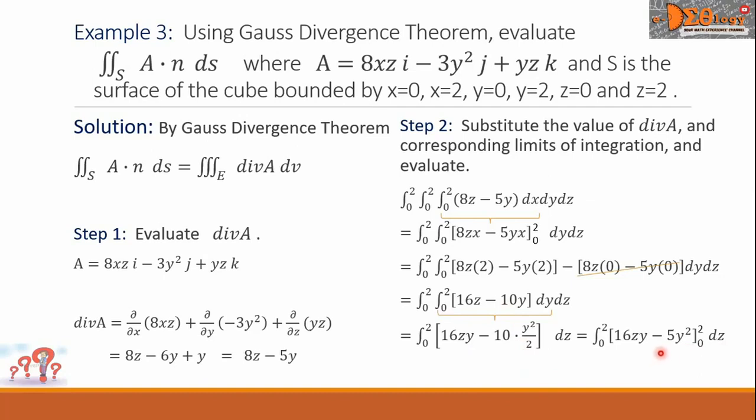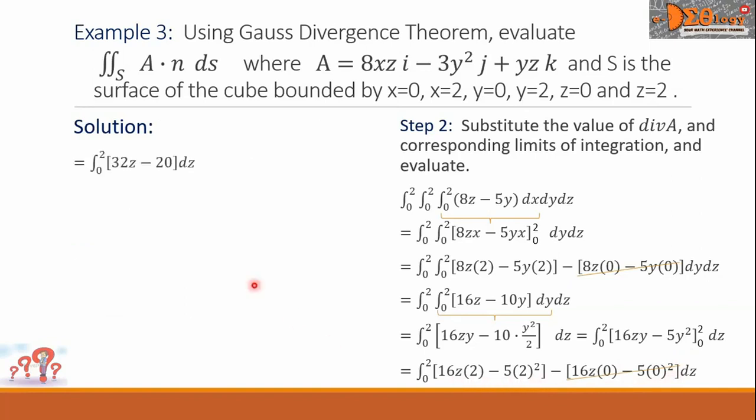Let us evaluate this with the limits of integration from 0 to 2. The first group, we evaluate the function at 2, minus the function evaluated at 0. In the second group, because of the 0, we can cancel this out. Then let us simplify the first group. Now it becomes 32z minus 20.